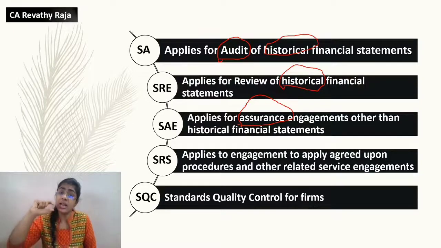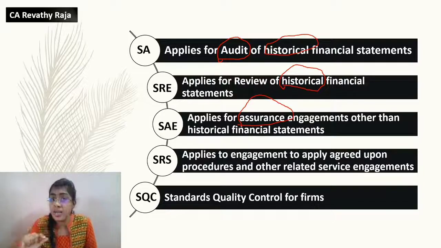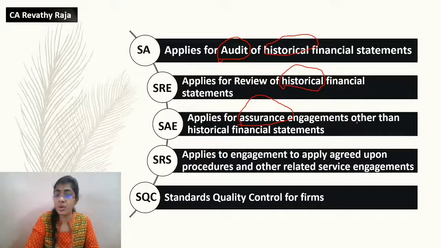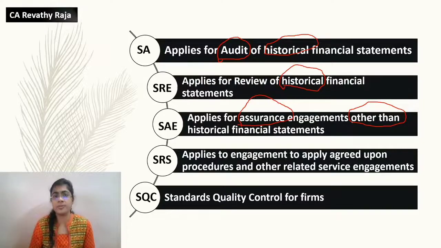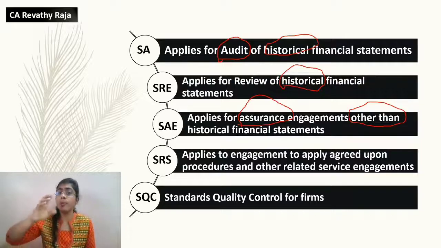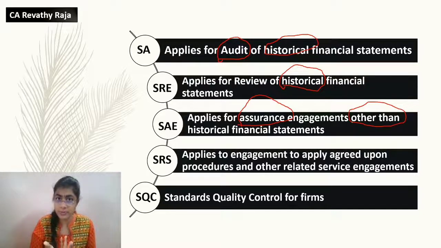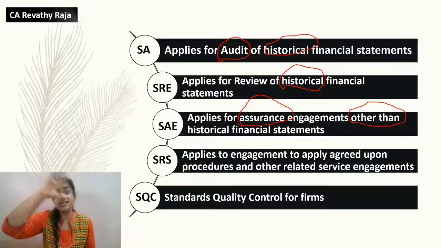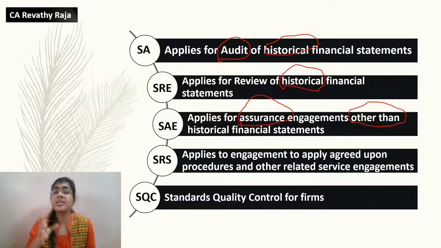But unlike SA and SRE, where you are giving assurance on historical, here you are going to give assurance on what? Other than historical financial. Say for example, you are going to give an assurance on prospective information or assurance on internal controls. In such cases, SAE would come because internal control is not audit.